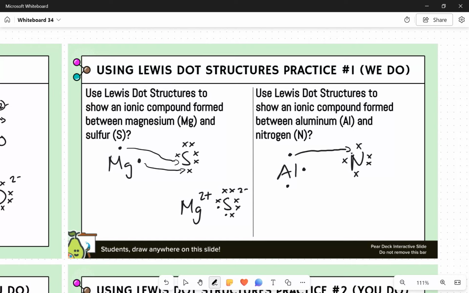But these electrons are going to move like this. And I'm going to end up with aluminum 3+ and nitrogen with its dots and x's. So see, this is what I like about this method: I can clearly see where aluminum's electrons went and where nitrogen's electrons just kind of stayed there. All right, let's keep going on.